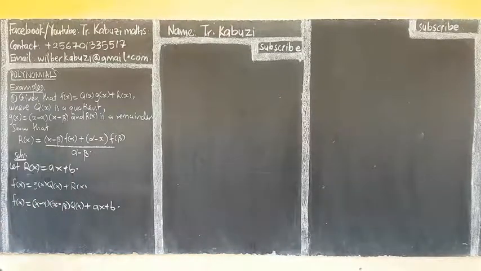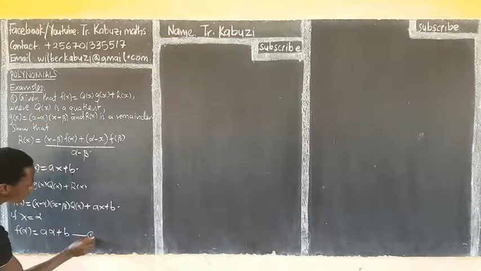Now I'm saying, if my x is equal to alpha, then f of alpha equals, when I put alpha here, this will be alpha minus alpha, which will be 0. The whole of this will be 0. So here I'll be left with a alpha plus b, as simple as that. I call this equation 1.